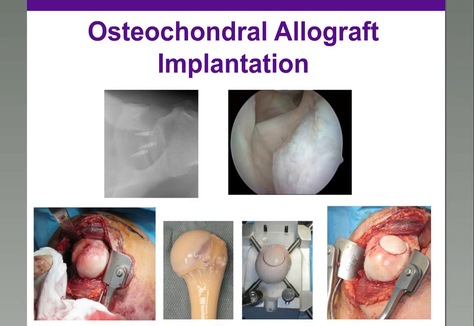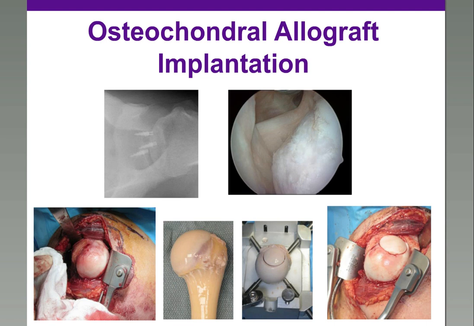For larger lesions and those that involve the underlying bone, you can consider an osteochondral allograft implantation as you see here. We utilize a size-matched humeral head allograft. The defect site is cored utilizing a reamer, and a matching dowel is taken from a region of the humeral head allograft that will allow us to implant that dowel to restore an articular surface and a more congruent and normal radius of curvature, which can improve both pain but also stability.